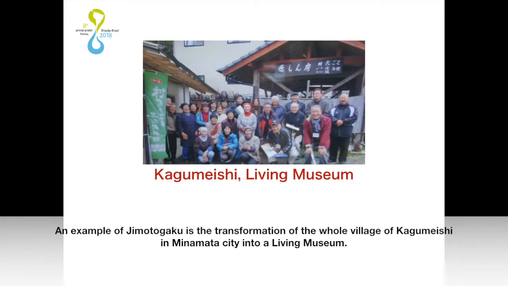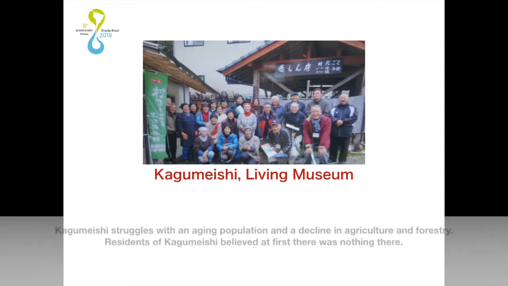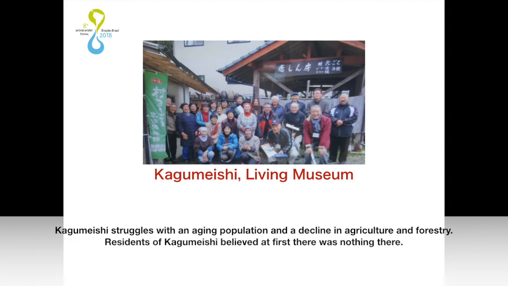An example of Jimotogaku is the transformation of the whole village of Kagamishi in Minamata City into a living museum. Kagamishi struggles with an aging population and a decline in agriculture and forestry. Residents of Kagamishi believed at first that there was nothing there.